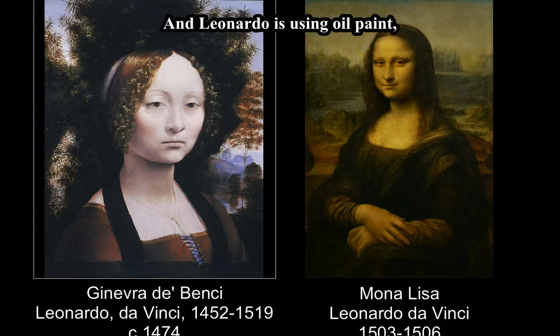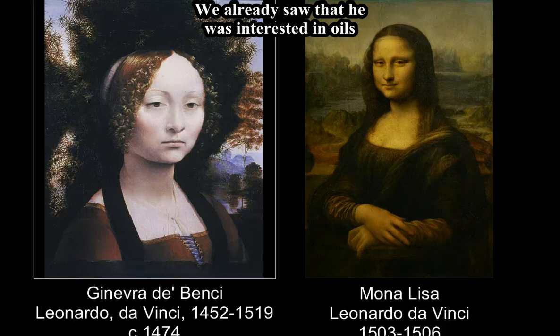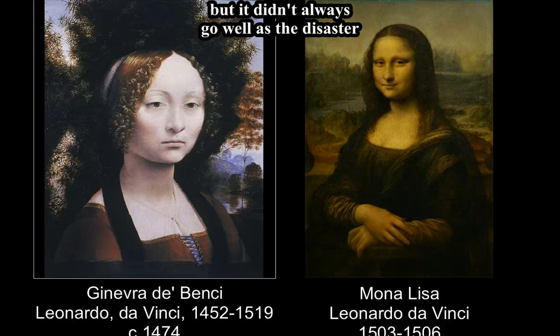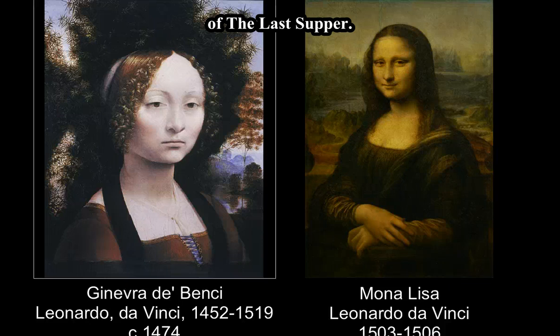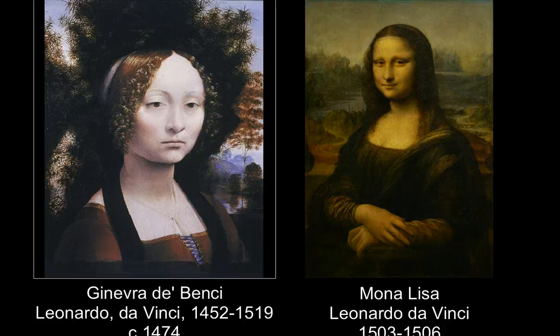And Leonardo is using oil paint, and that's an incredibly important thing. We already saw that he was interested in oils, but it didn't always go well, as the disaster of the Last Supper. But in this case, in a panel painting, he really explores the possibilities that oil paint allows.